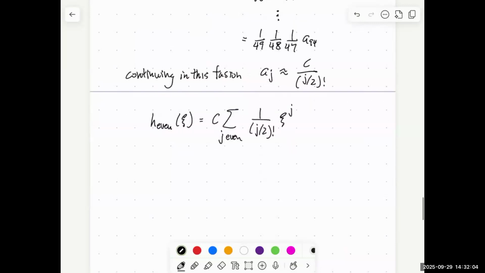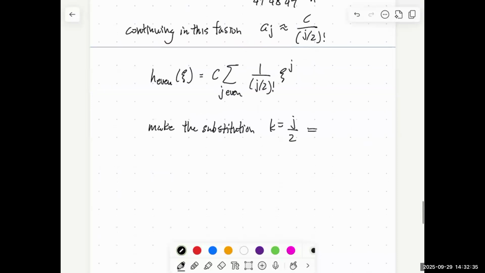Okay, so what we're going to do now is make the substitution K equals J by 2. The reason I'm doing this is because the sum over only the even values of J is a little bit awkward mathematically to handle. It's going to get a whole lot more clear if we can make this a sum over all integers.